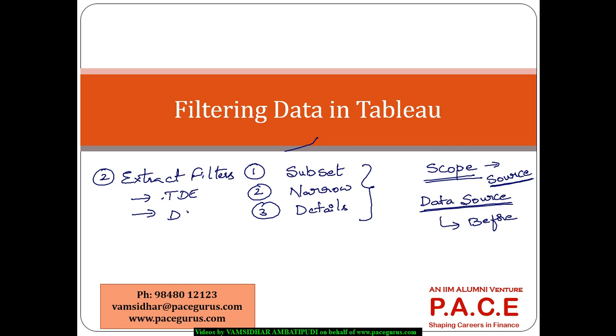If the original data source itself was filtered, then the TDE also will be a filtered one. But if the original was not filtered, as a part of the extract I can still filter the data and get only the subset of the data. So two major layers: one, I can apply the filter at the data source layer itself; two, I can apply the filter at the extract layer.